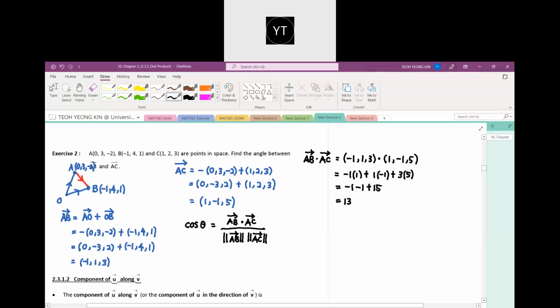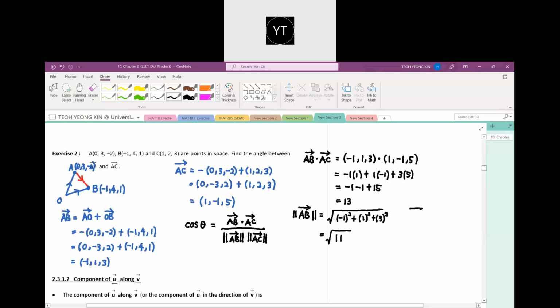Next, I try to find the magnitude for both vector AB and AC. The magnitude of vector AB is equal to the square root of negative 1 squared, plus 1 squared, plus 3 squared. So from here, we should have 1 plus 1 plus 9, which is 11.